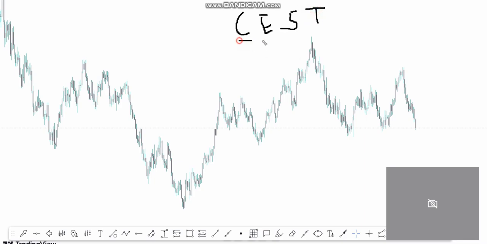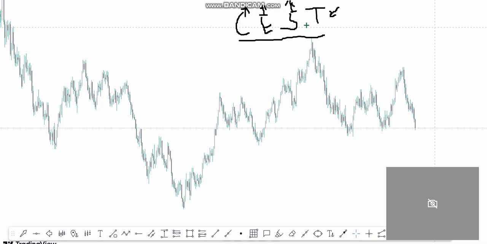CEST just means conditions, entries, stops, and targets. So: are our conditions met, how are our stops, and these are our targets.